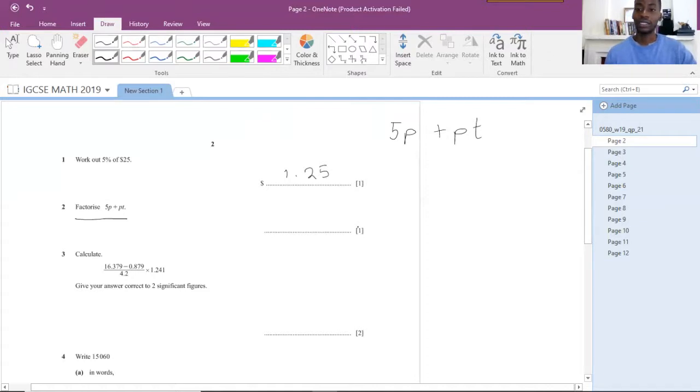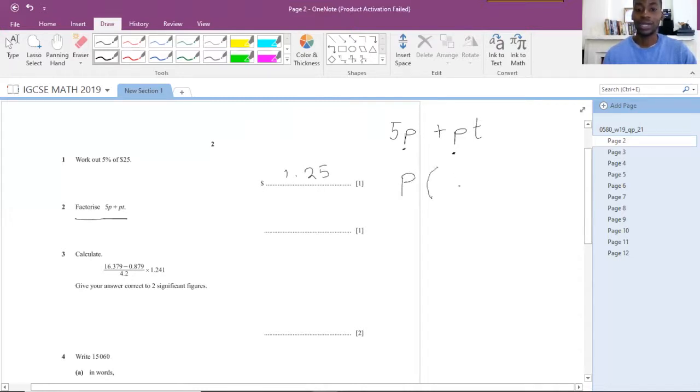If we encounter a question which requires us to use the difference of two squares, I'll be able to explain it to you, all right? Or if you have any questions, you can comment and email me, and I'll be able to help you. So what we're going to do here is factorize. We have a common variable here. Remember, the common variable is the common letter in the expression. So I have p there.